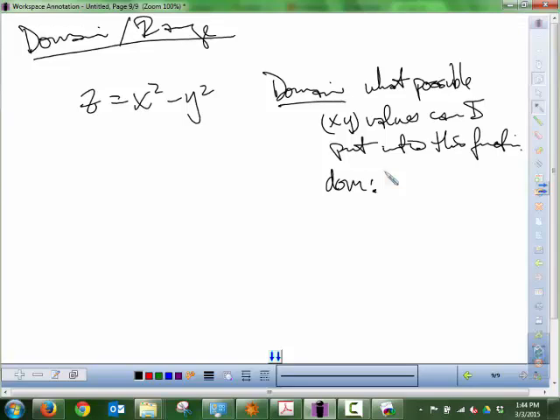So do I want to say all real numbers? What do I want to say? So not just all real numbers, because when you say all real numbers, I'm looking at scalar values, right? I want to be able to put in any pair of real numbers. So any x, y point that I can think of would go in here. So your domain is the whole xy plane.